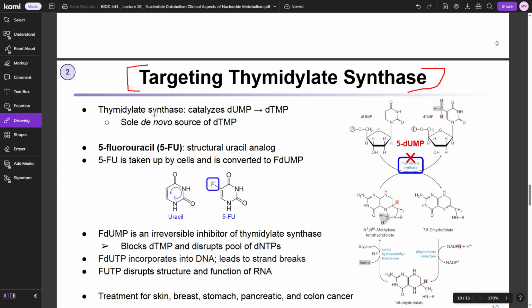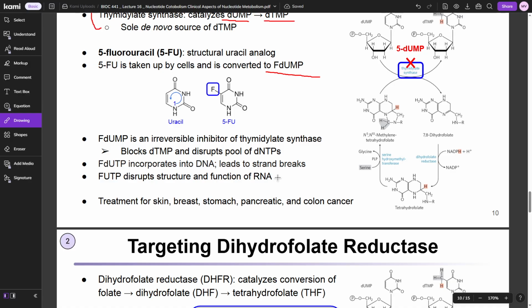Thymidylate synthase catalyzes dUMP to dTMP, and so we can use this 5-fluorouracil structure. Basically a uracil analog. We just add an F to the carbon over here, and this is taken up by cells and converted into FdUMP, and this FdUMP is actually an irreversible inhibitor of thymidylate synthase.